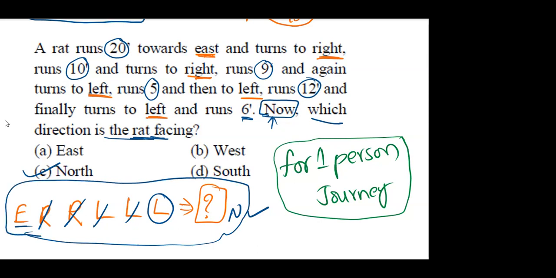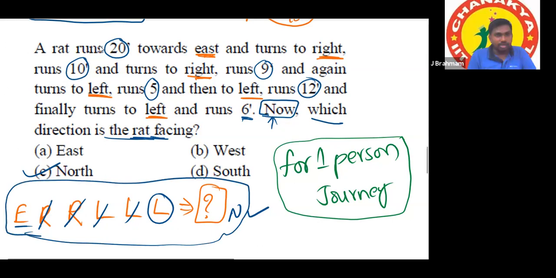Yes, sir. It's clear. If you give this question to anyone, they will draw the diagram considering all these numbers, and finally they will also get the same answer, north. But without drawing anything, even though all the distances are mentioned, we did not consider any distance, because our question is about the final facing direction only.